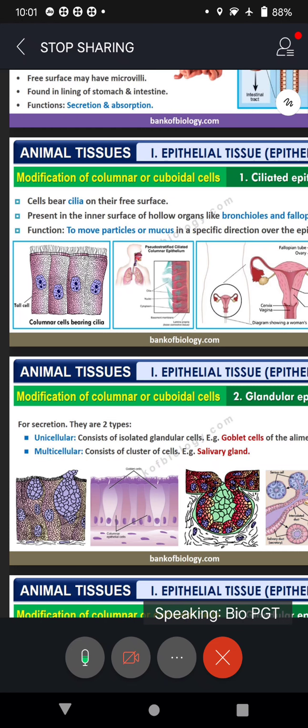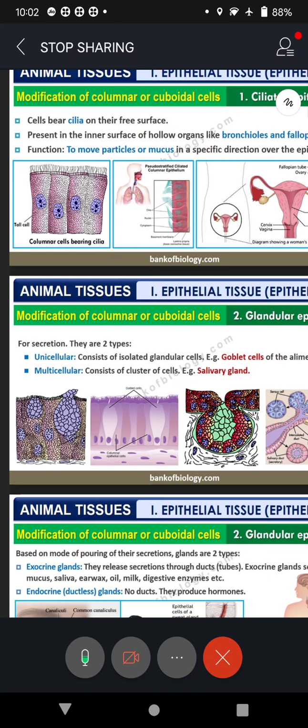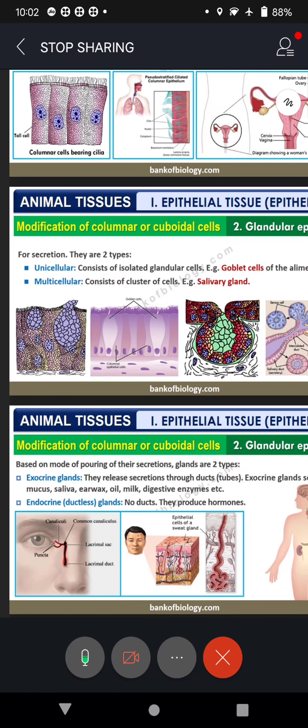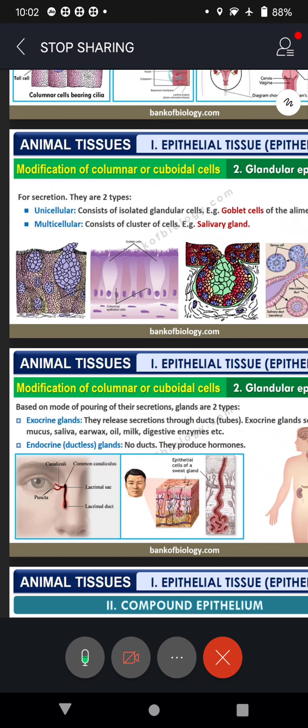Good. What is the gland made up of? It's made up of cells. So a group of cells that perform secretions, isn't it? A gland is mainly secretion. So sometimes this epithelial tissue will start secreting something, having a particular shape. Then we say that the epithelial tissue is modified and has become glandular epithelial tissue, just to secrete something.